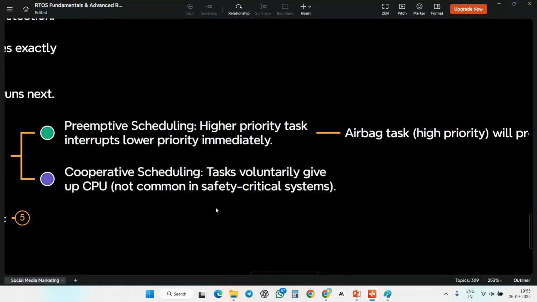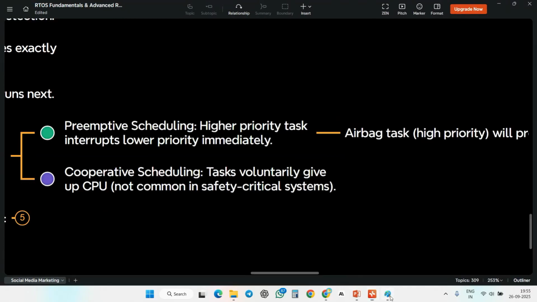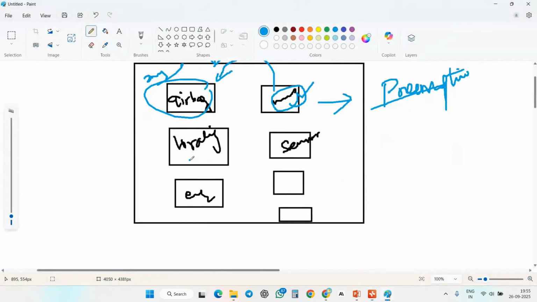Cooperative scheduling. What is meant by cooperative scheduling is that the tasks are automatically done in turn.